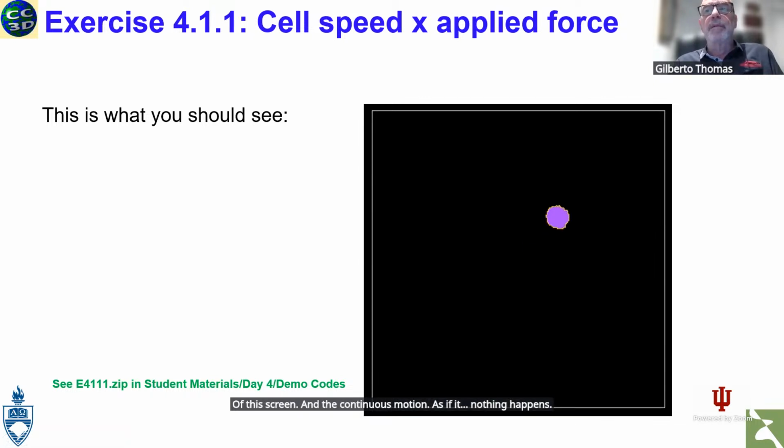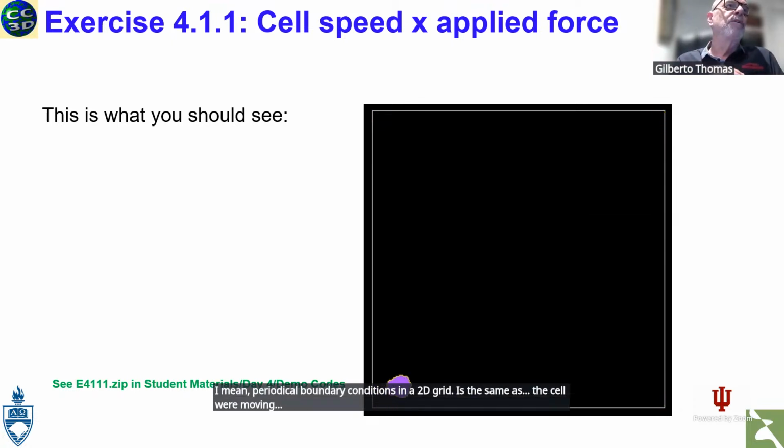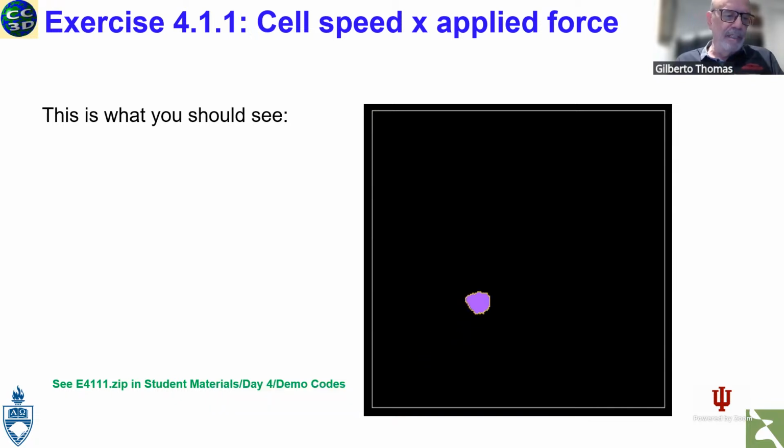I mean, periodic boundary conditions in a 2D grid is the same as the cell moving over a tire, a donut. Do you understand that, people?